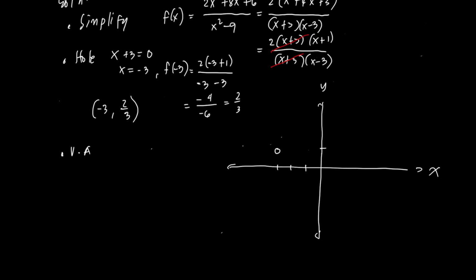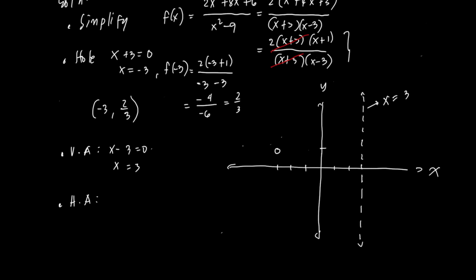Next is the vertical asymptote. What is the vertical asymptote from this? It's x minus 3, so the vertical asymptote is x minus 3 equals 0, x equals 3. So we have 1, 2, 3. Let's create a broken line as an indicator for the vertical asymptote. This one here is x equals 3. Then, is there a horizontal asymptote?